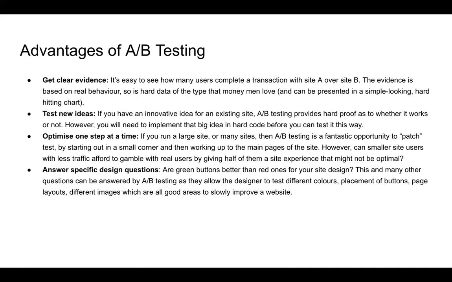Optimize one step at a time. If you run a large site or many sites, then A/B testing is a fantastic opportunity to patch test by starting out in a small corner and then working up to the main pages of the site. However, can smaller site users less?